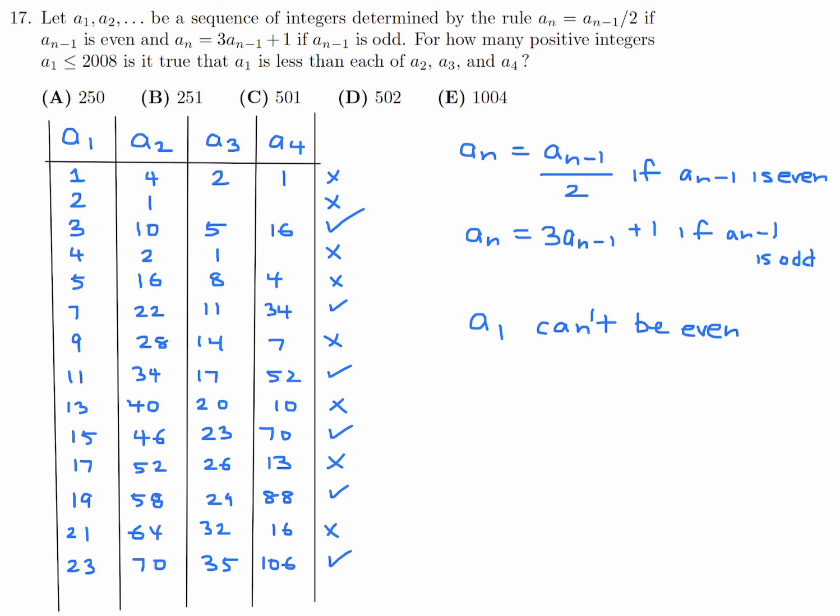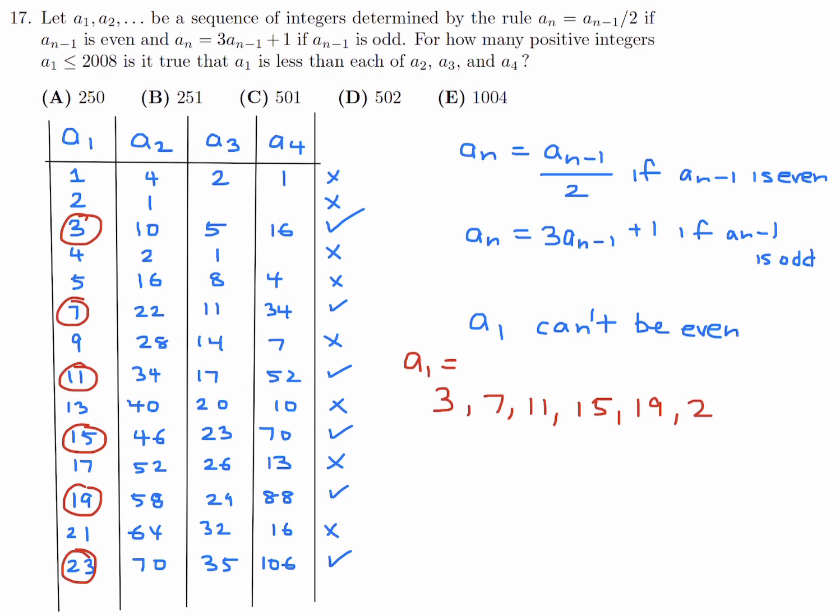Let's circle the ones that it worked for: 3, 7, 11, 15, 19, 23. So you can clearly see that every time you go up by 4, it works. So when a1 is equal to 3, 7, 11, 15, 19, 23, and so on, every time you go up by 4, it's going to work.